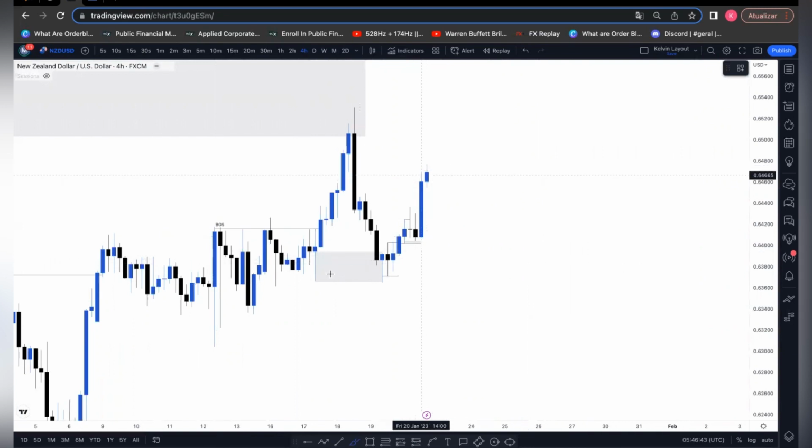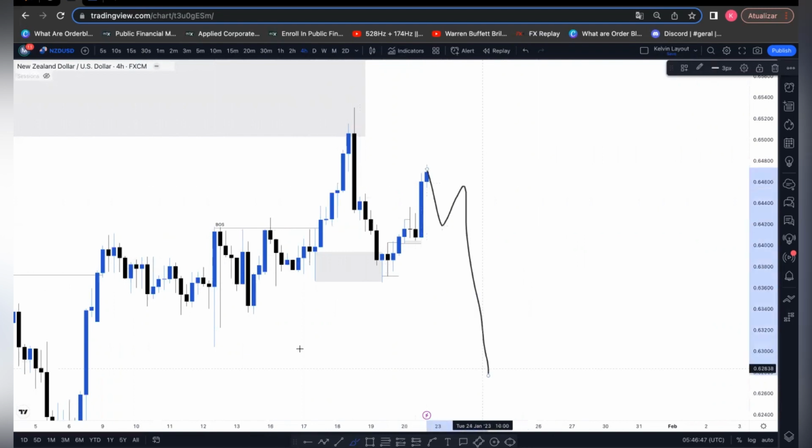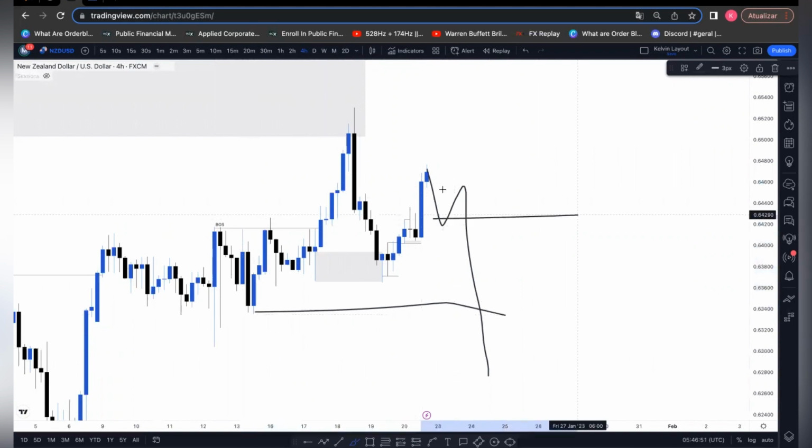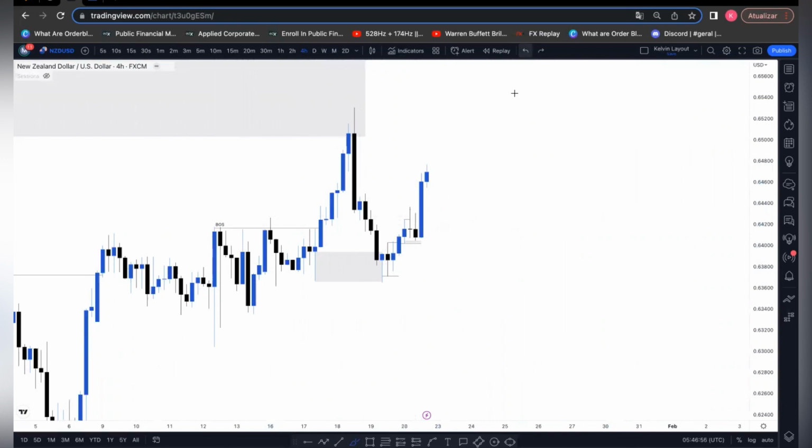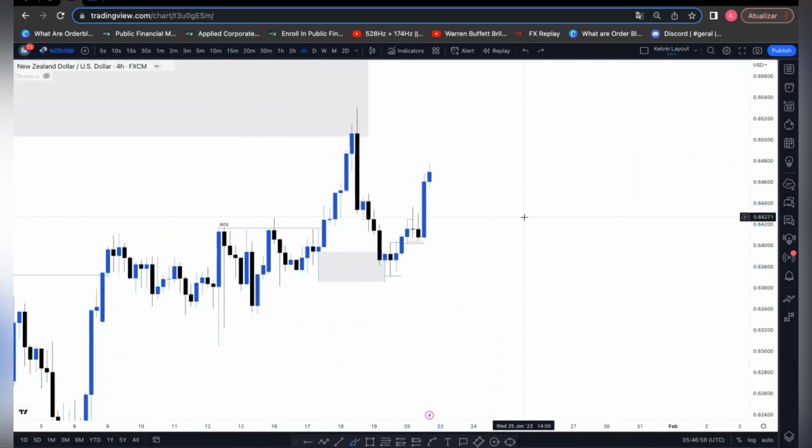But there is a possibility, right? If price does that, I would love to see some sort of change of character, price taking out these previous lows, and then I can look for sells. But so far the structure is still bullish, and we have to respect what price is showing us at the moment, right? So I will be waiting for a change of character if it provides.